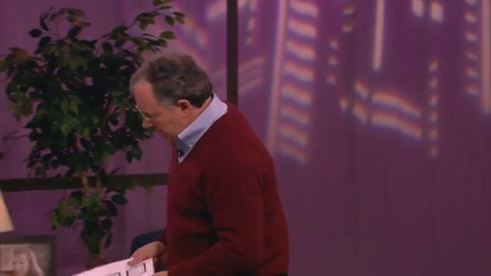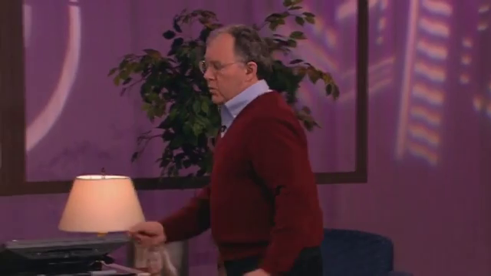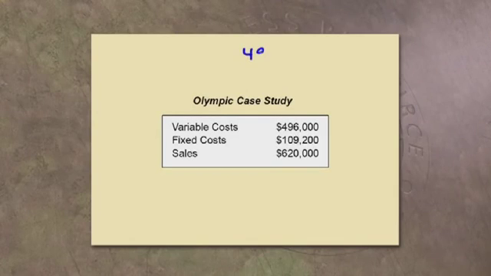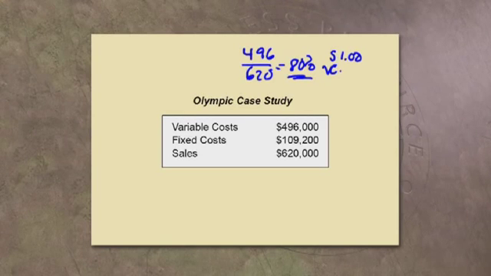All right, now, when we worked through our practice case study, we calculated this, and what was our variable cost percentage? You remember? It was 496 divided by 620, 80%, right? So what that means, when sales are $1, variable costs are 80 cents, and what's left? 20 cents.